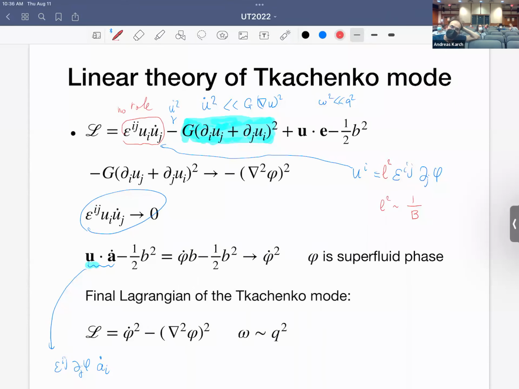So the question is whether there is a phi goes to minus phi symmetry. U goes to minus U is not a symmetry. It turns out that it flips the sign of this U dot E term, and you also flip the sign of the gauge field E.